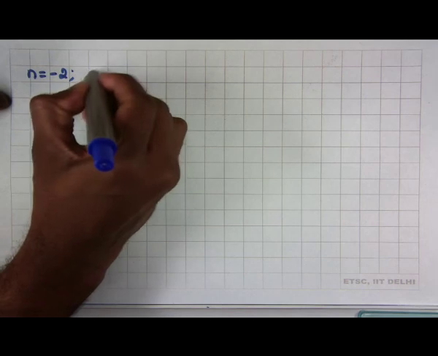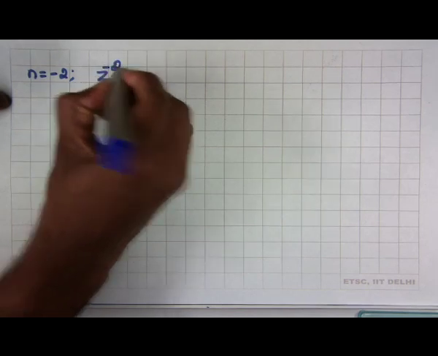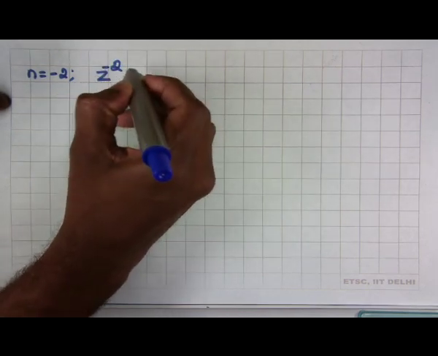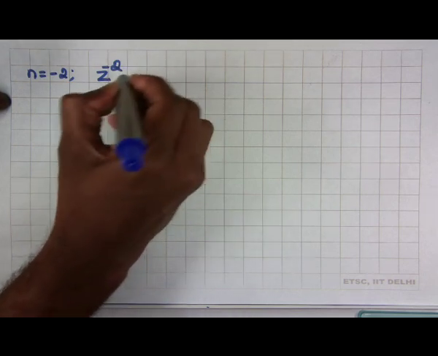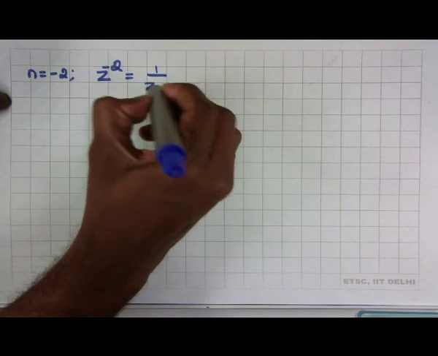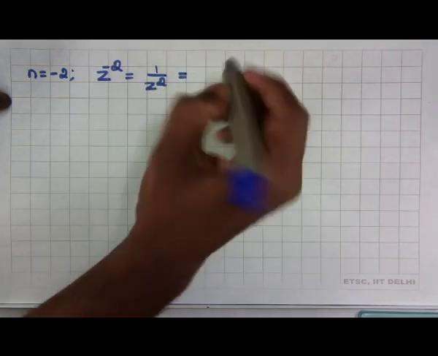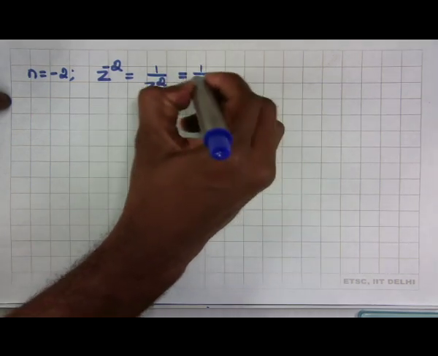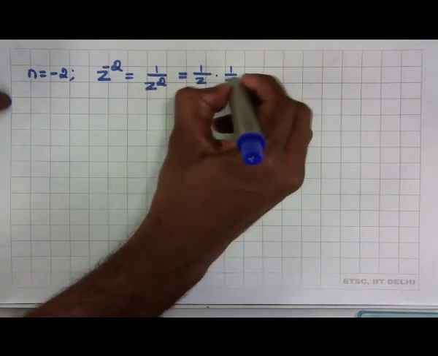By doing it in a similar manner, we can verify that z power minus 2 is nothing but 1 by z square, which is 1 by z into 1 by z.